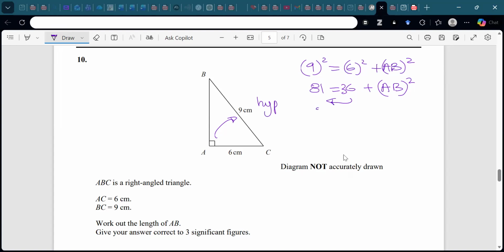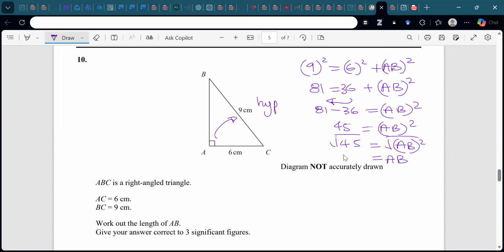So we're going to get 81 minus 36. That's going to be equal to AB squared. So 45 is equal to AB squared, square root of both sides. So that means AB is equal to the root of 45, which is going to be 6.71 centimeters approximately, to three significant figures.